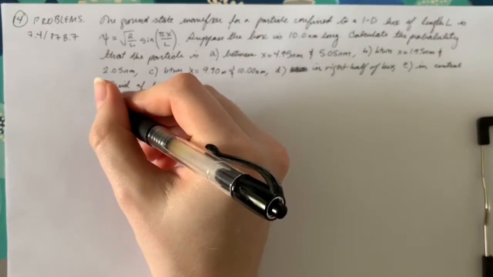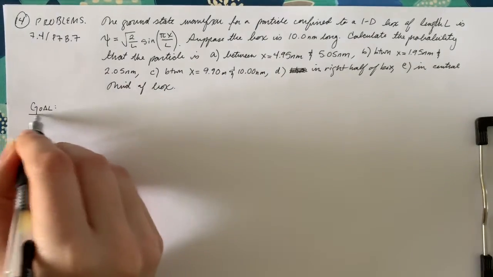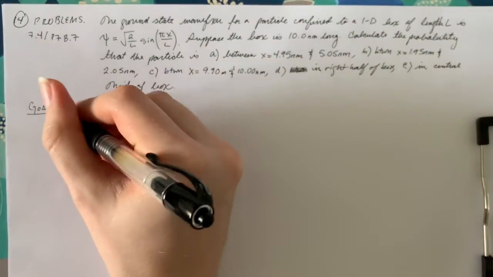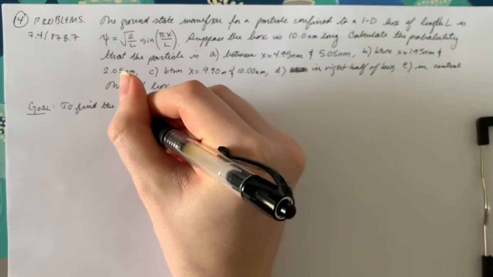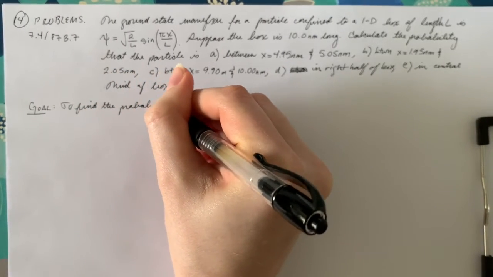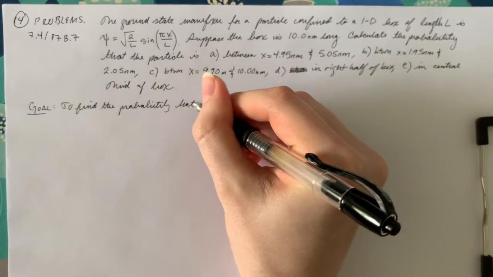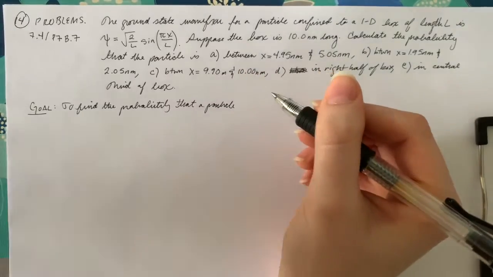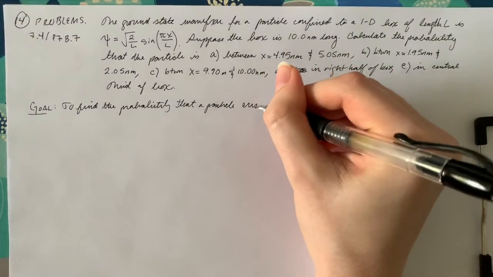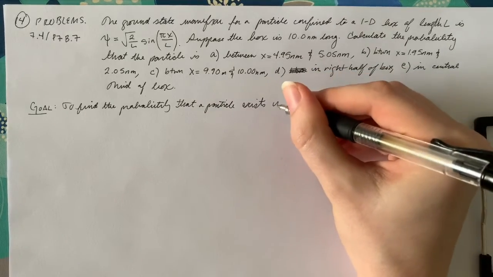So our goal here is to find the probability that a particle exists in different length bounds.